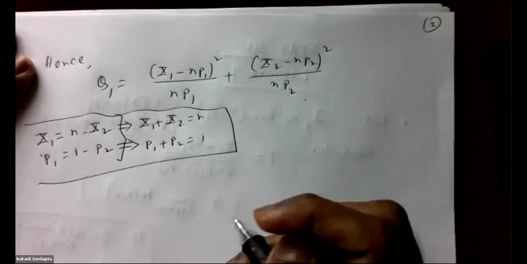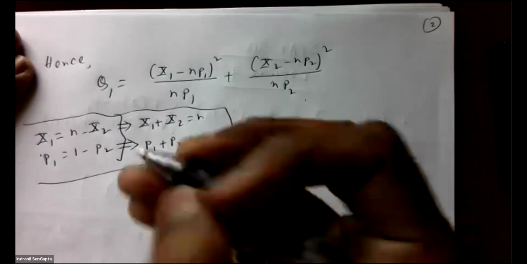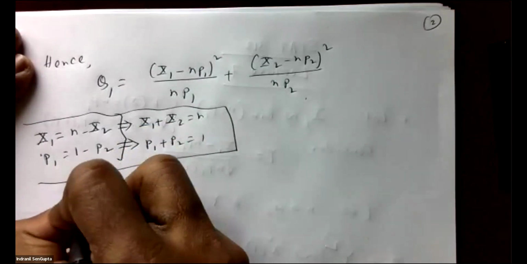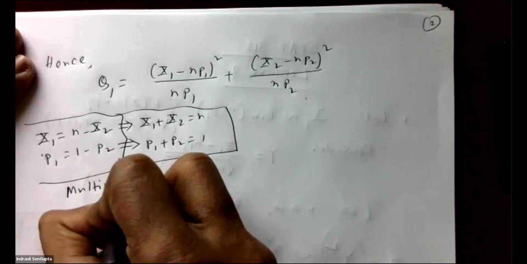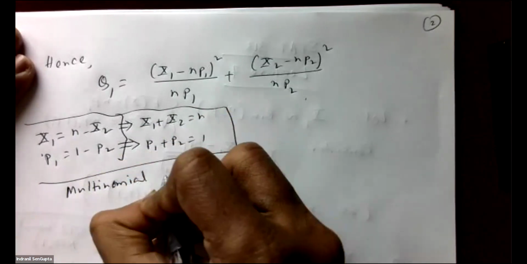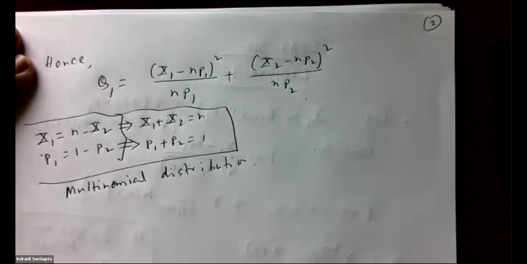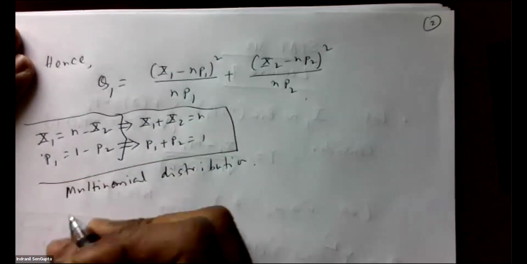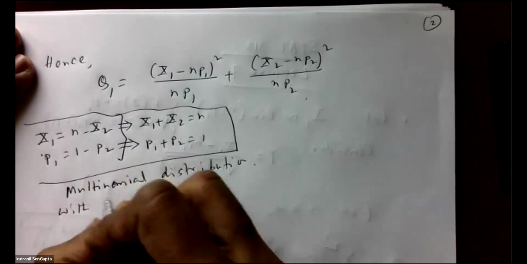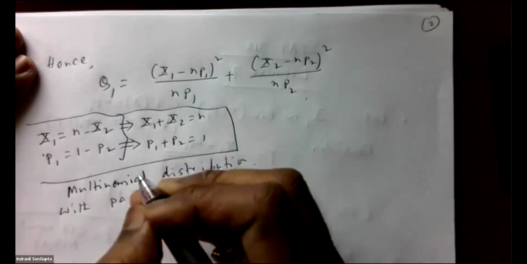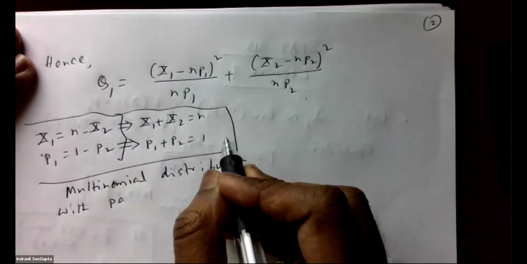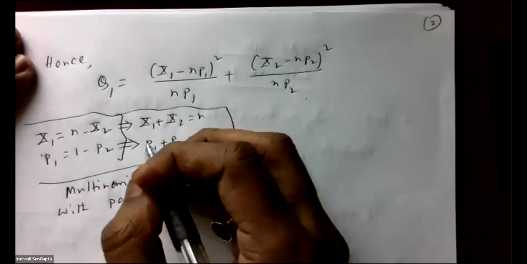For those who took a course before, if you're familiar with the multinomial distribution with parameters here, it's basically the same as binomial because we have just two parameters.